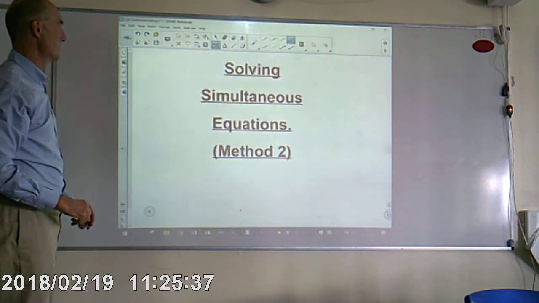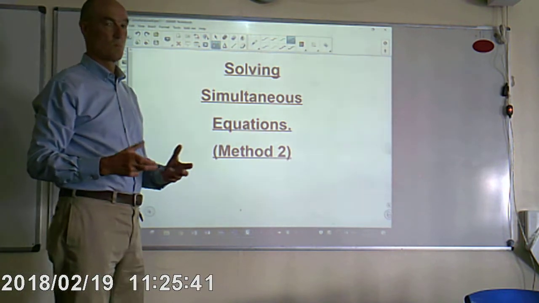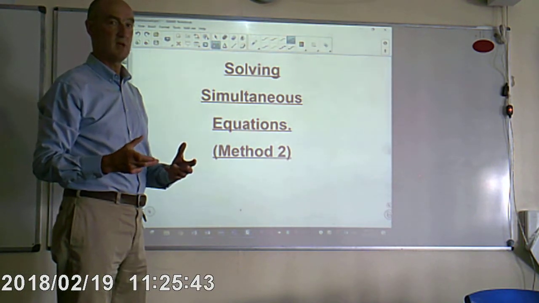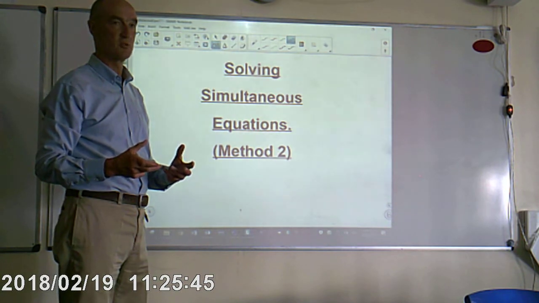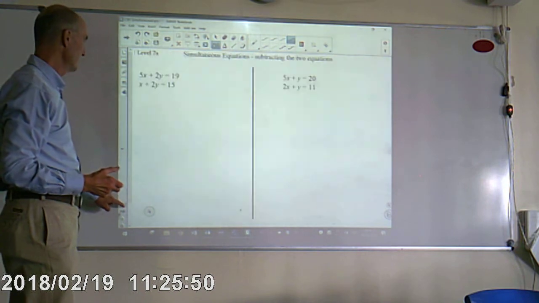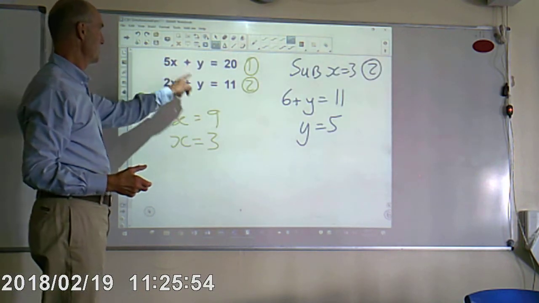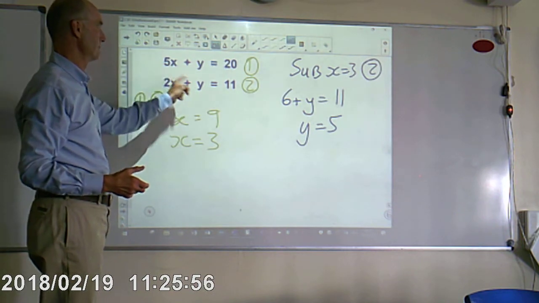Okay. Straightforward adding or subtracting of the two equations when the coefficients, so the numbers in front of either the y's or the x's are the same.